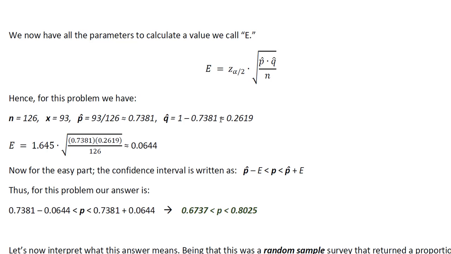We take all of those things that we got, including the z sub alpha over 2 number, and we put it into this formula for E, and we get that result. After we get that result, the rest of this is very easy. In fact, the whole thing is easy because we'll end up doing this whole thing on a spreadsheet.